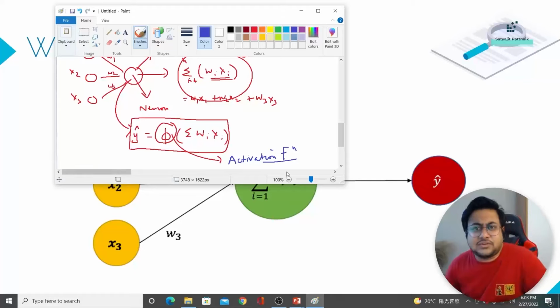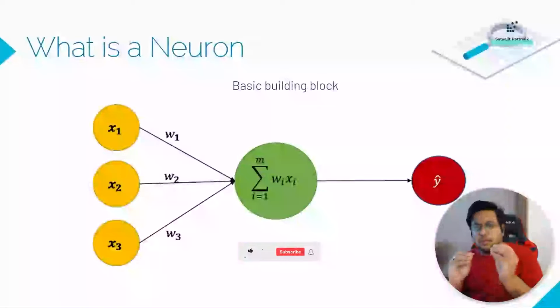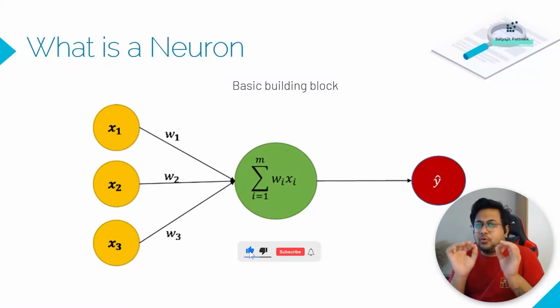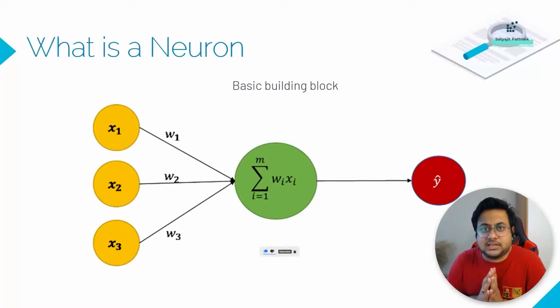Now what is an activation function? We'll be talking about that in the next class, where we'll cover multiple activation functions, but let me give you a small idea. Activation function basically means whether you need to activate that node or not.